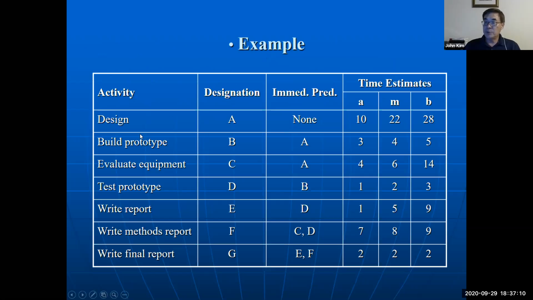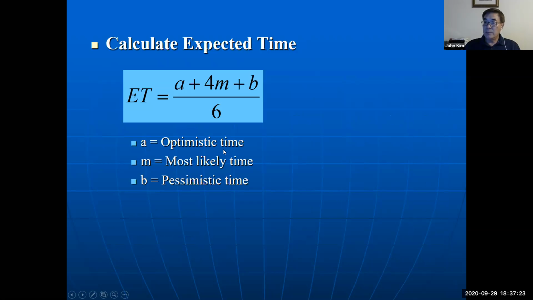Okay, another example. There are 3 activity times: a, m, b. a is the optimistic time, finishing early. The most likely time m is kind of the average time. And the pessimistic time b is the delayed, late finish time.